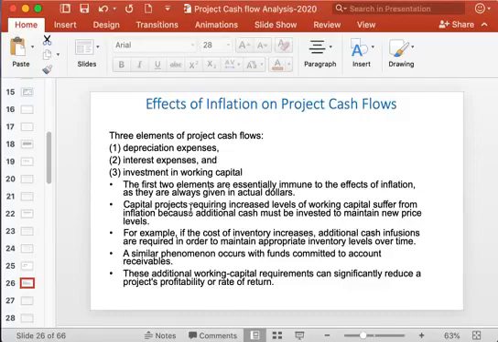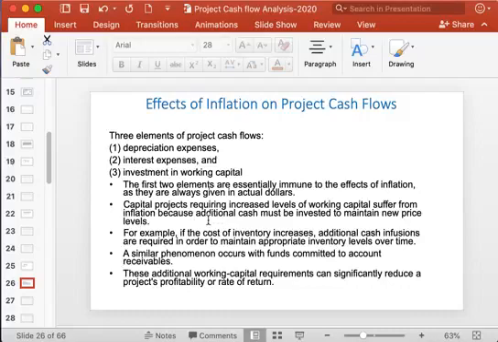Once the interest rate is fixed, the amount to be recovered by the financial institutions is fixed, and with the change in inflation rate, the capital recovery by the financial institutions is not changed.